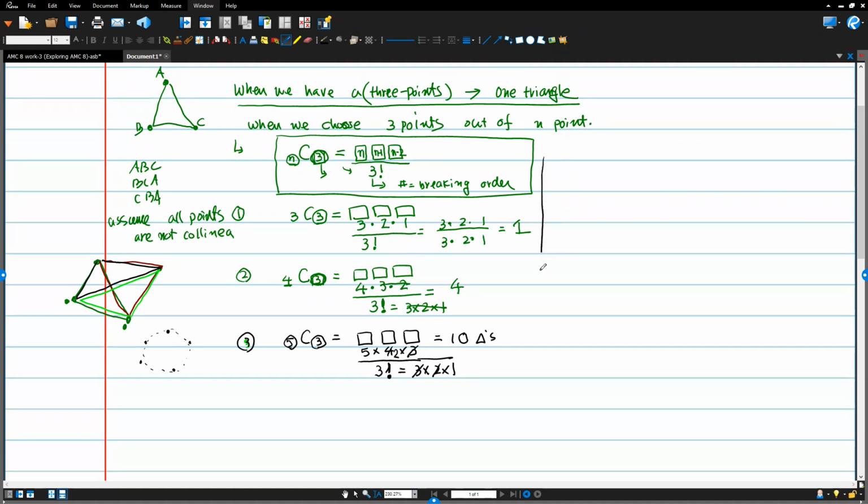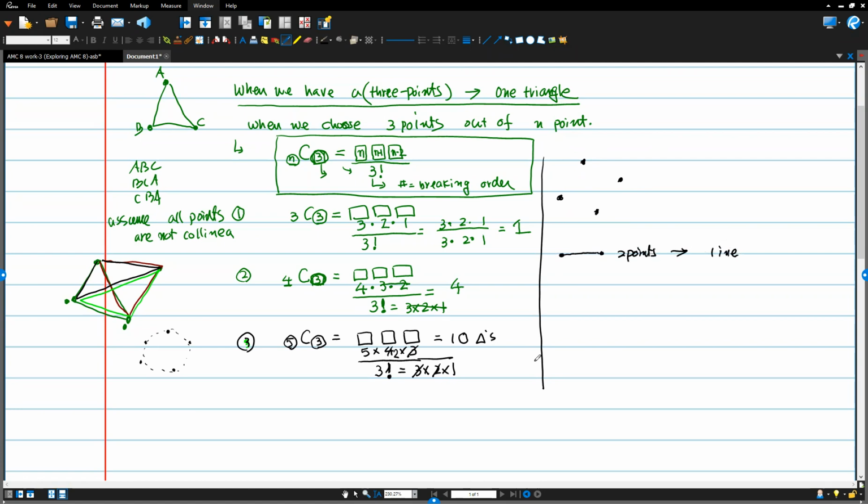Maybe you can extend this one. If we have 4 points over here, wow, 4 points, they're not collinear. In this case, another one: how many lines can you create? If you have 2 points over here, if you choose 2 points, you can make 1 line. 2 points give us 1 line.